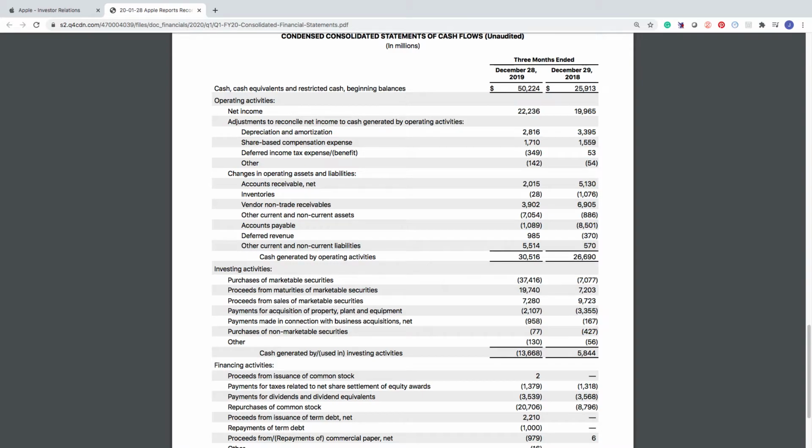In Apple's case, this is exactly what their business team is doing. It's putting Apple's cash in a bunch of marketable securities or financial market instruments, and for 2019 this amount was around 37.4 billion. So I think you can slowly see how the different items on each of these financial statements actually link back to each other.